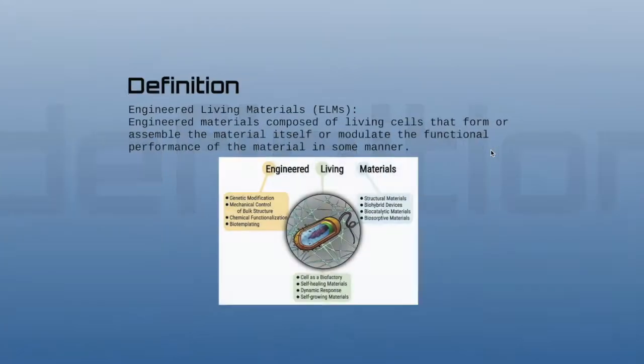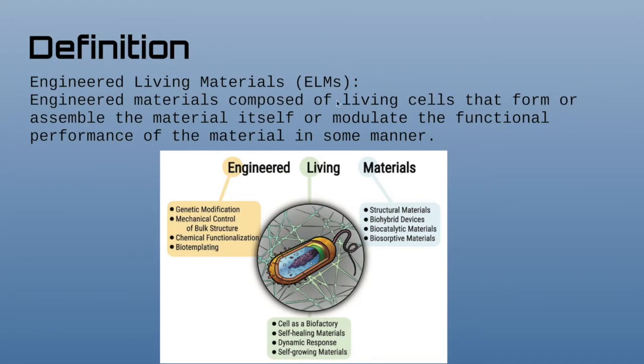And this is the definition. They are composed of living cells that form or assemble the material itself or modulate the functional performance of the material in some manner. They have genetic modification for the engineered part, mechanical control, chemical functionalization, biotemplating, and living, as in the cell is a biofactory, and they can have self-healing properties, dynamic response, self-growing materials, as in microorganisms, right?